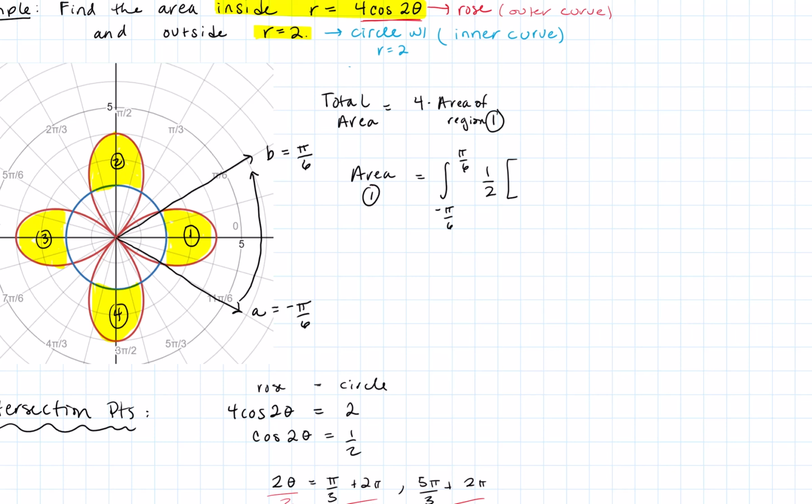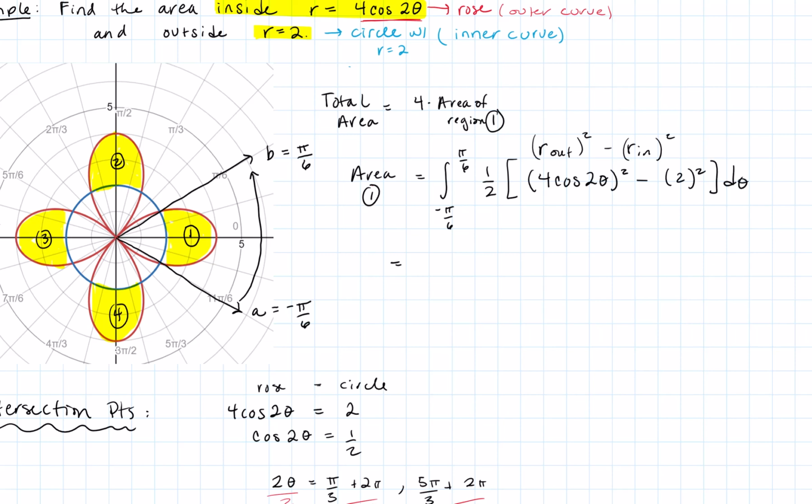So when we're setting this up, remember we want to take the outer curve minus the inner curve. So we definitely want to take that rose, 4 cosine of 2 theta squared, minus the circle, 2 squared, d theta.